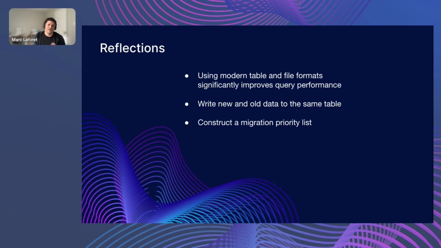The next thing I'd recommend doing is constructing a migration priority list. Like the benchmarks, with the speed improvements, you'll have some data scientists that will come to you and be like, oh, I don't want to wait an hour. I want to wait a minute. And so you'll prioritize the data sets that they want to move.